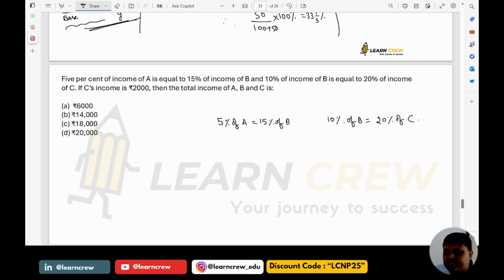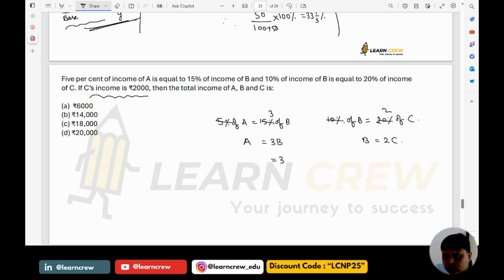So it can be tackled in different ways. 5 3s are 15, so you can say A is equal to 3B. Next, 10 2s are 20, you can say B is equal to 2C. Now, already you have C as 2000.